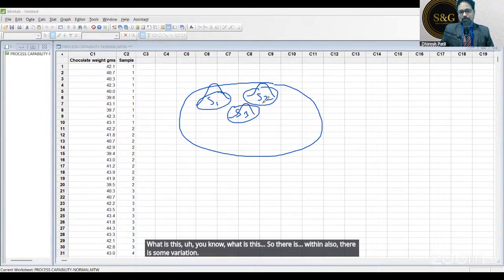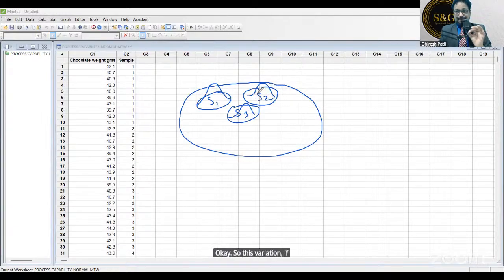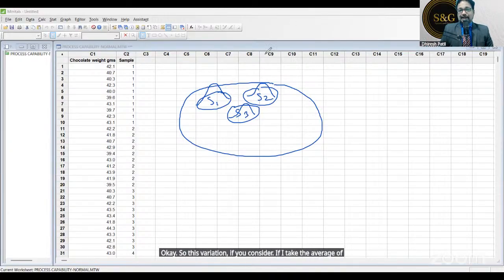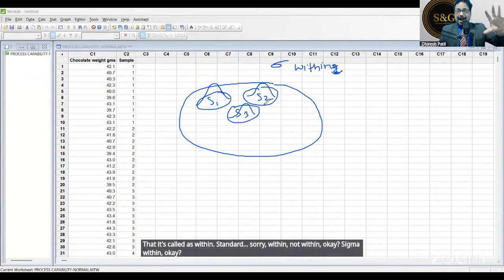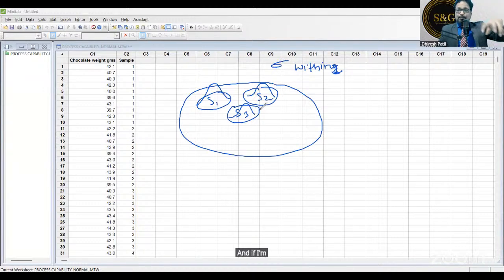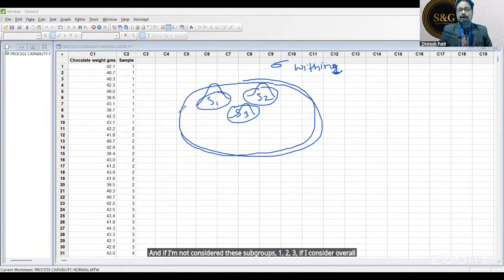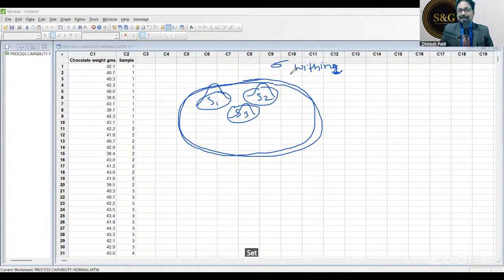If you consider this variation and take the average of it, that is called sigma within. And if I don't consider these subgroups 1, 2, 3, and consider the whole set of chocolates, then that is called overall.